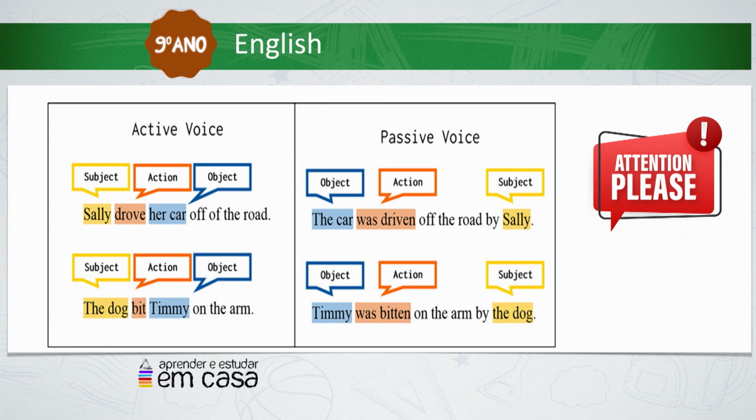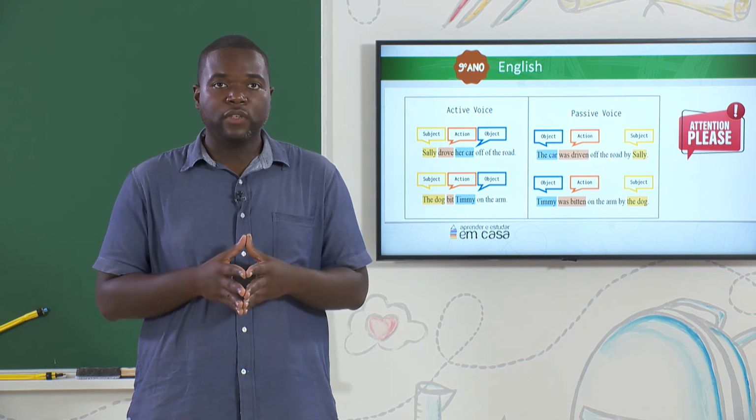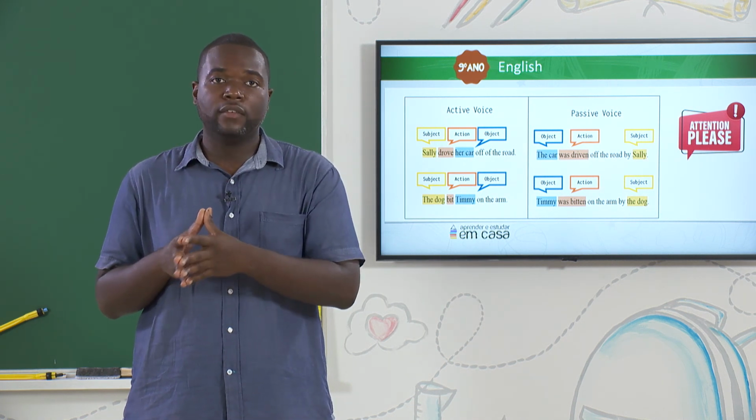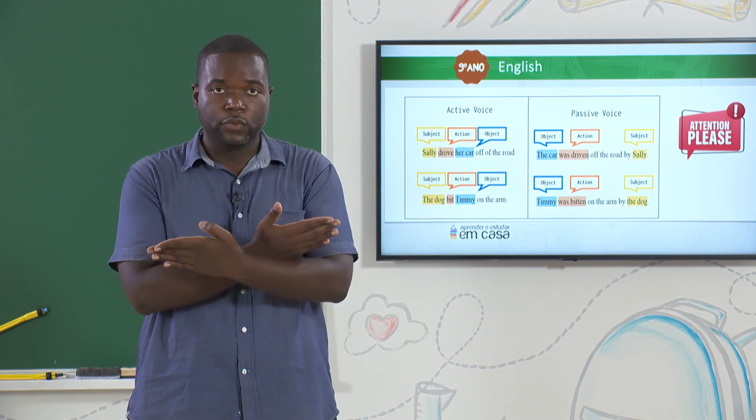Now, when we change this sentence from the active voice into the passive voice, what happens is that Timmy, which was the object, comes to the front, changes places. Was beaten is the verb, and we change the verb. We add the verb to be plus the past participle, and then on the arm, and last we have the subject, all right, which was in the beginning of the active sentence. So once again, students, you have what happens when we change a sentence from the active into the passive, all right? There is a switch, okay?